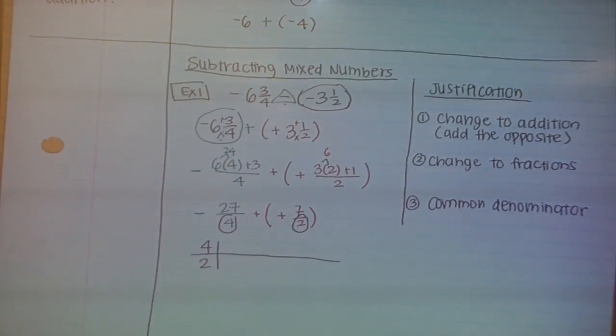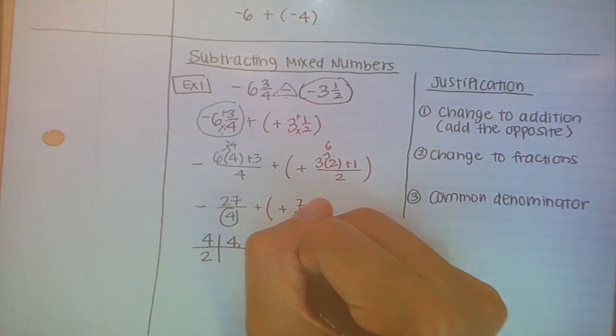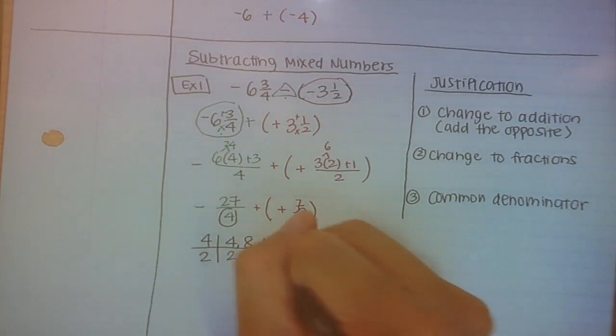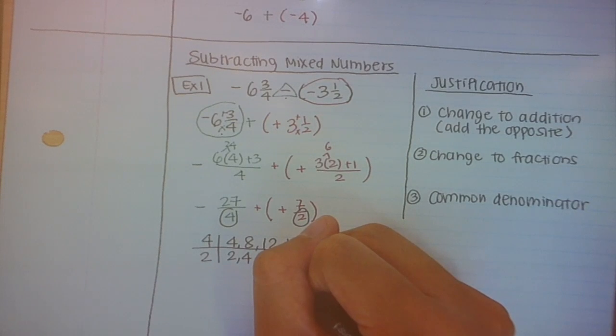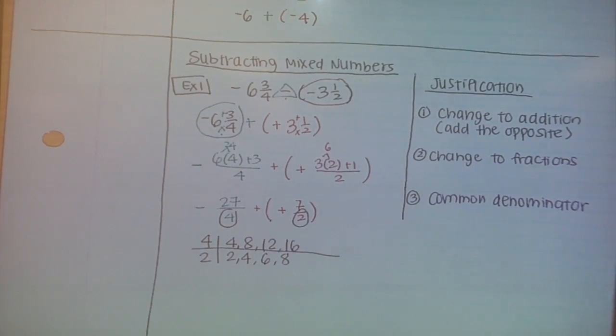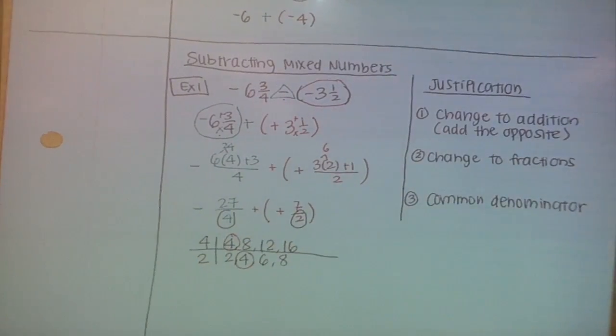So I need to find what they have in common, multiples in common. So 4 times 1 is 4, 4 times 2 is 8, 4 times 3 is 12, 4 times 4 is 16. 2 times 1 is 2, 2 times 2 is 4, 2 times 3 is 6, 2 times 4 is 8. And I have 4 in common.